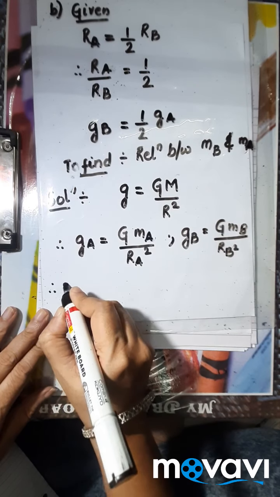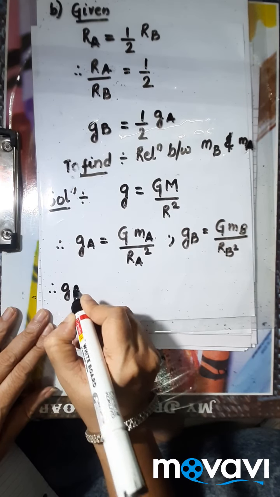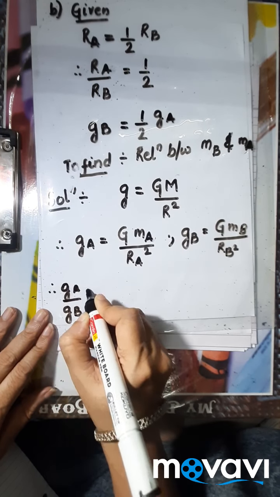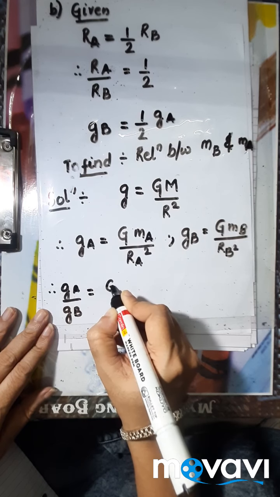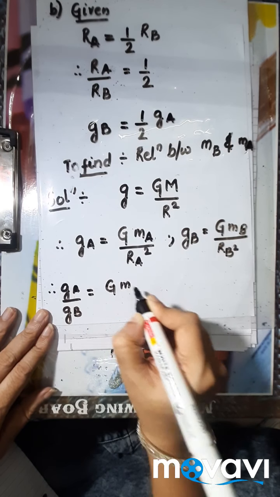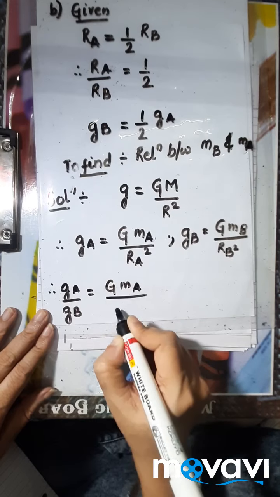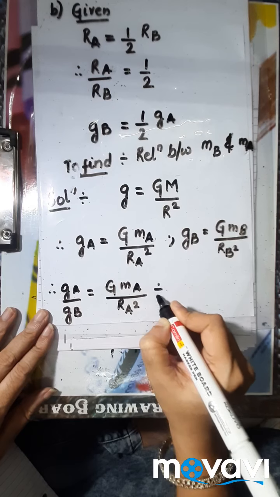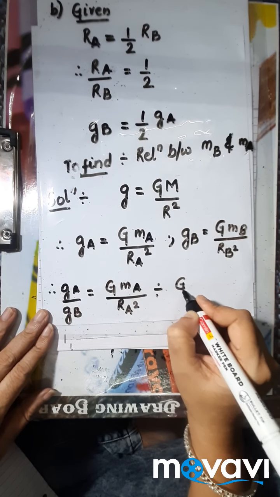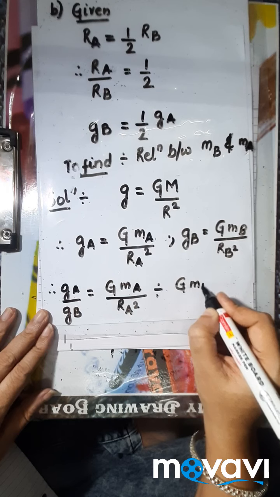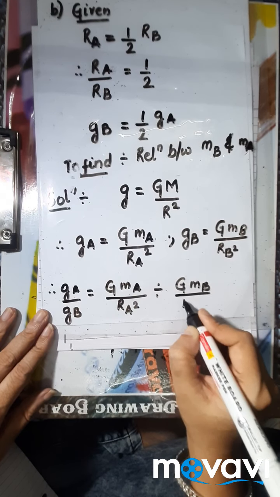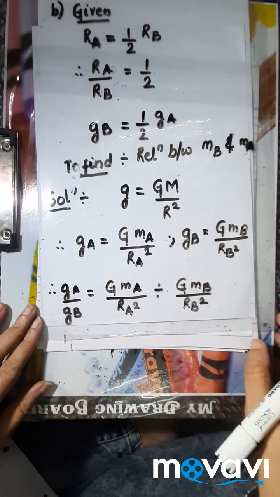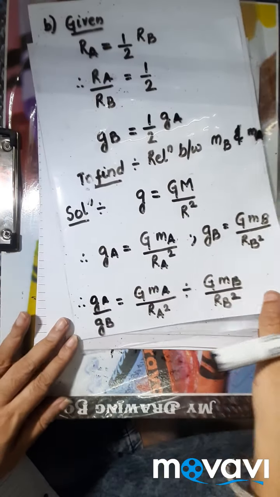Therefore, if I have to do GA upon GB, GA upon GB is equal to capital G MA upon RA square divided by capital G MB upon RB square. Now when I am dividing, I have to reciprocal and multiply.